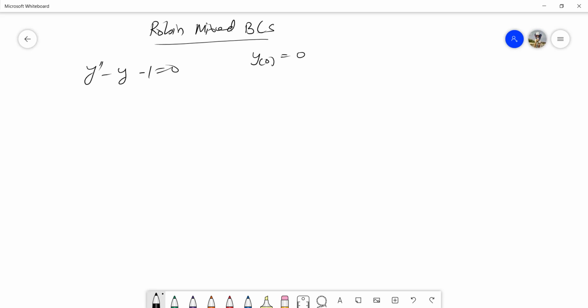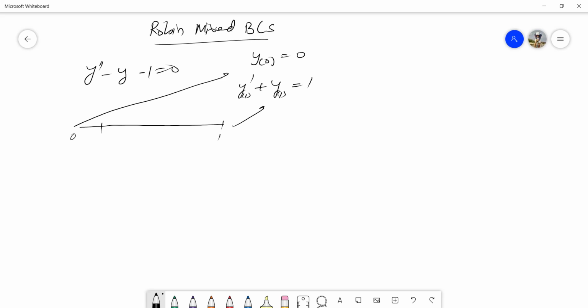These are the boundary conditions. And the other boundary condition is y dash at 1, the other end, plus y at 1 is equal to 1. So let's say we have a length from 0 to 1. Over here at this end we have this condition, and at this end we have this condition.